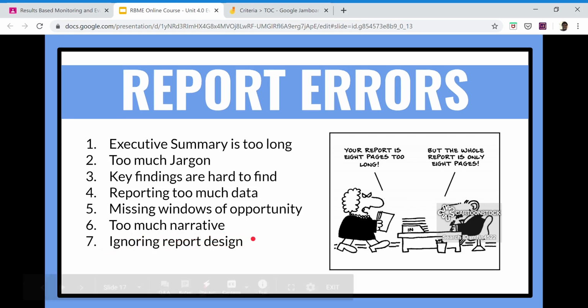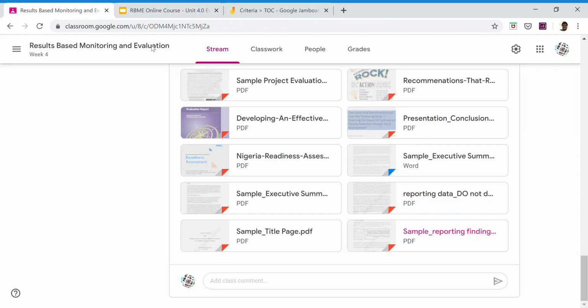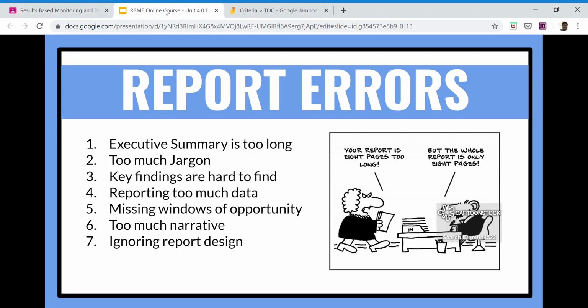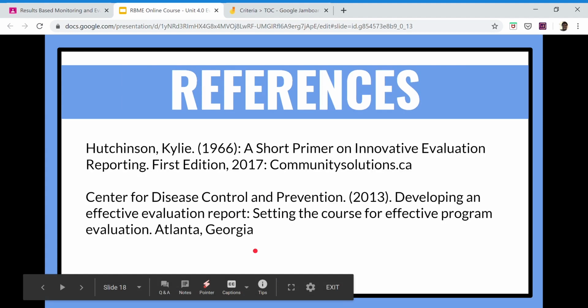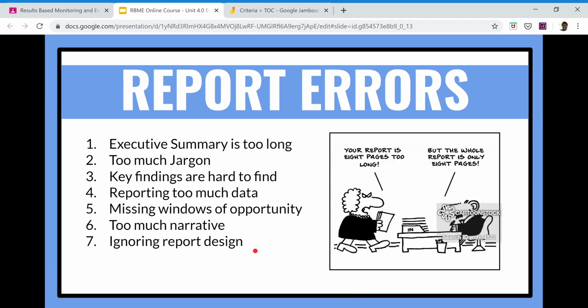There's this flow in the design of the report itself, which one must actually follow, which is very important in all this. So I would just hope that this is quite helpful.